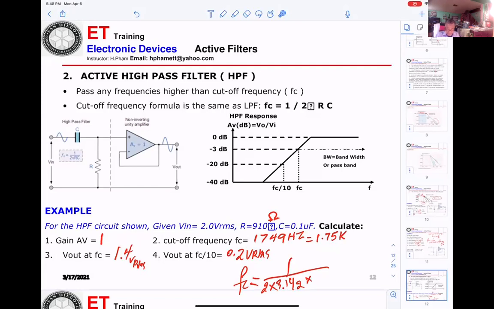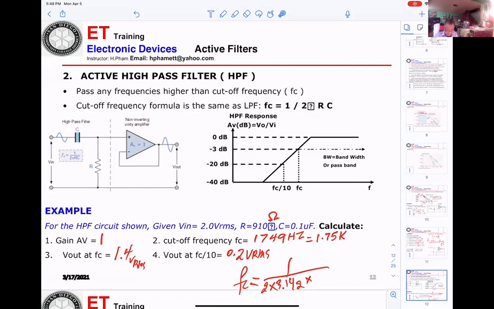This is the cutoff right here, FC. When you go down to a tenth of FC, it will be down by even more, and the bandwidth of the high pass filter goes from the cutoff to infinity. The formula to calculate the cutoff frequency is still only one formula: 1 over 2 pi times R times C.